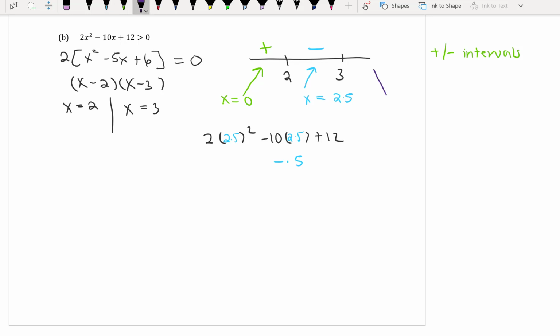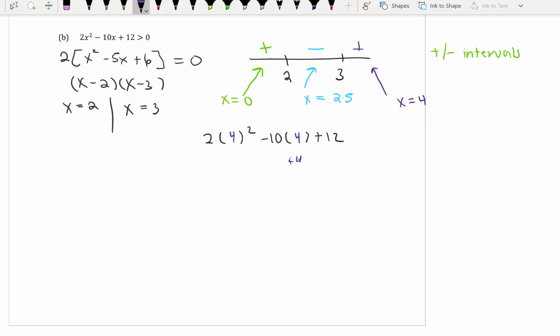So now let's pick a number over here. So what about x is equal to 4? Let's see what happens when I plug 4 into this equation, and see if I get a positive or a negative. So 2 times 4 squared minus 10 times 4 plus 12 gives me a positive 4.